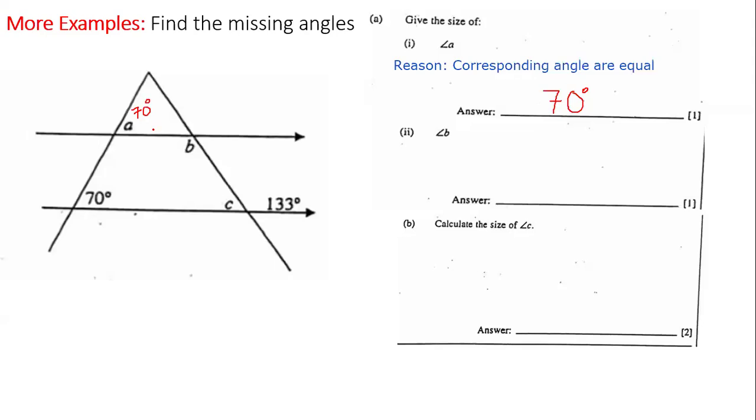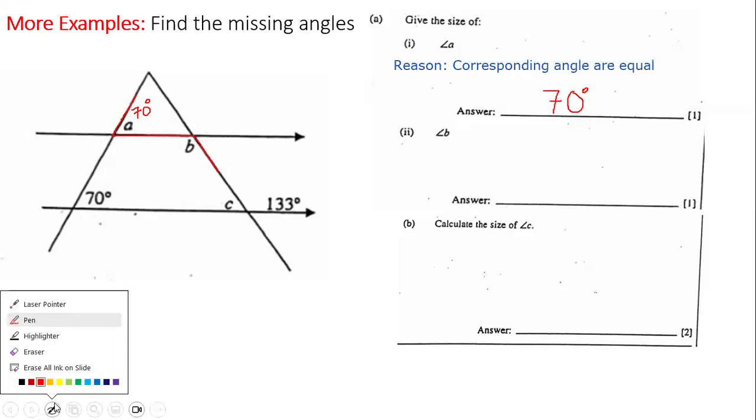What must B be? Alternate angles? 70? Really? No, because it's not forming an S. Let's look at it. Watch, we try to form it. You're out of luck. It wouldn't work. You see that? It doesn't work. So it's not alternate.